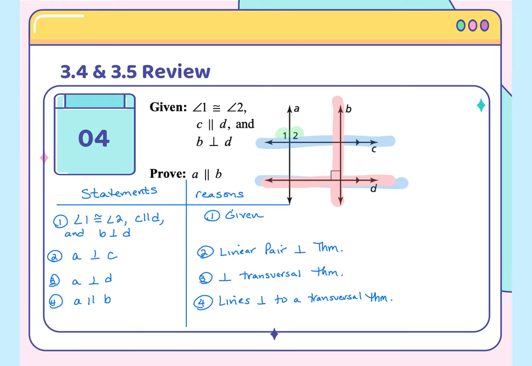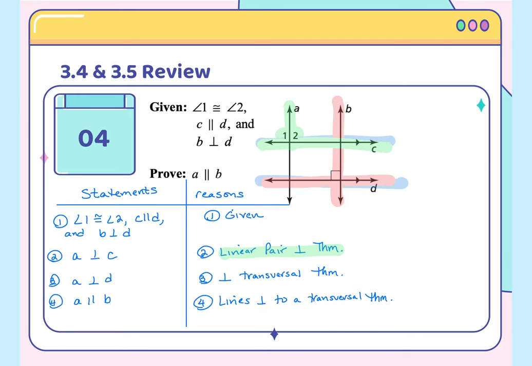Then 2, A is perpendicular to C because if 1 and 2 are congruent and they form a linear pair, then they have to be perpendicular. And that's the linear pair perpendicular theorem. Again, if you don't know the name of it, you could literally write it out. If 2 angles are congruent and form a linear pair, then they would be perpendicular.